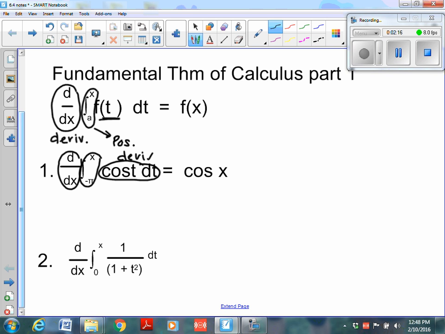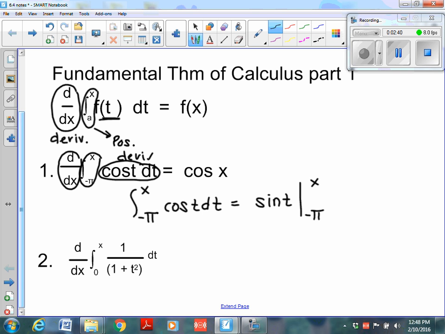If you integrate from negative pi to x of cosine of t dt, if you integrate cosine, you're going to go back to sine, right? From negative pi to x. Everybody knows that the derivative of sine is cosine.